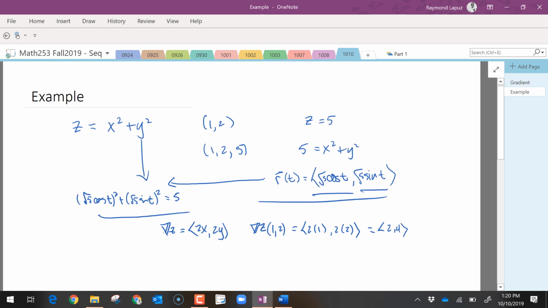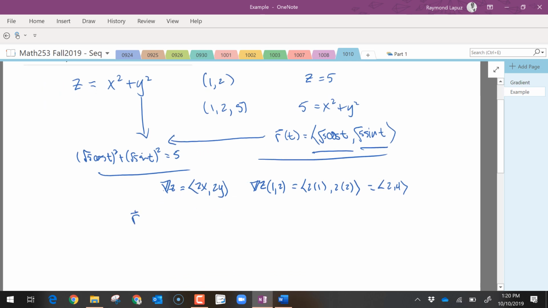So this is the direction of the gradient. Looks like it's pointing outward. It's pointing outward. Okay? And it looks like it should be perpendicular to a level curve. So let's check that.